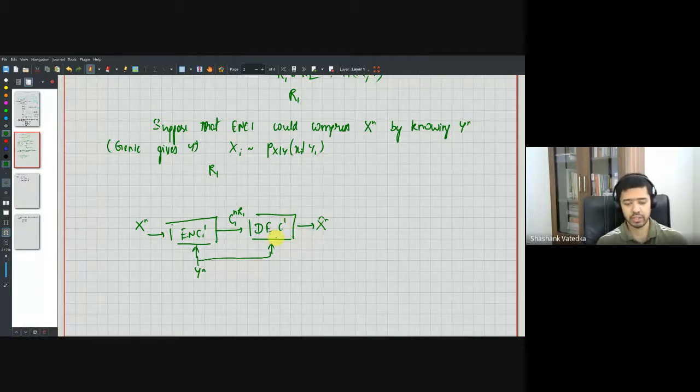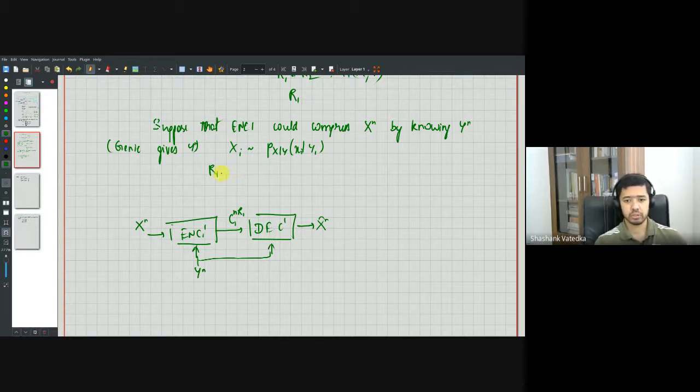So if you had this problem and your goal was to design a compressor, then how small do you think you can make R1? Correct. So it's the conditional entropy, right?